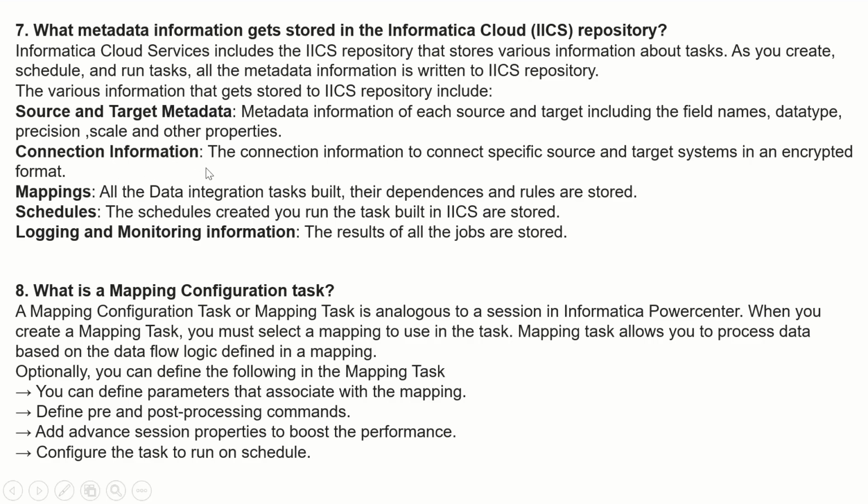Connection information: the details to connect to specific source and target systems, in an encrypted format. Mappings: all data integration tasks built, their dependencies and rules. Schedules: the schedules created to run tasks built in IICS. Logging and monitoring information: the results of all jobs.